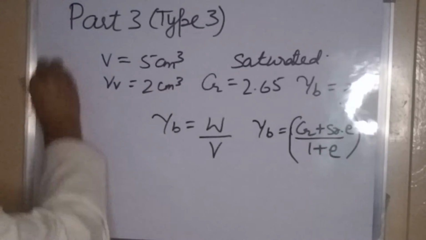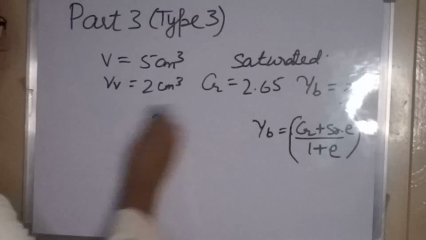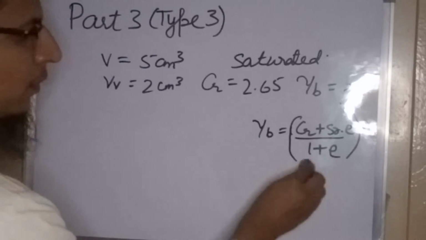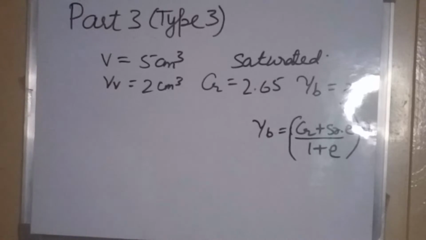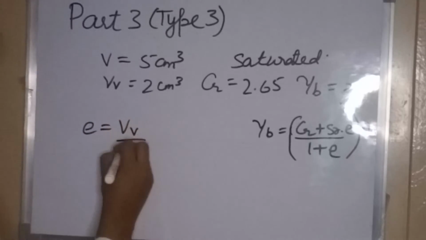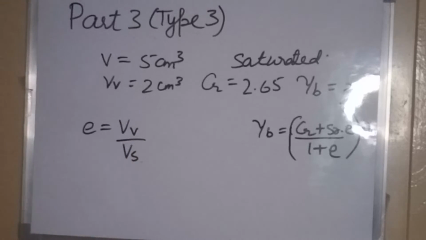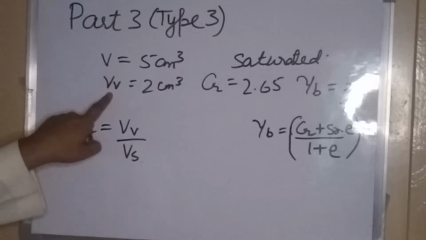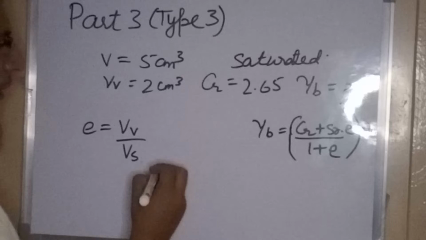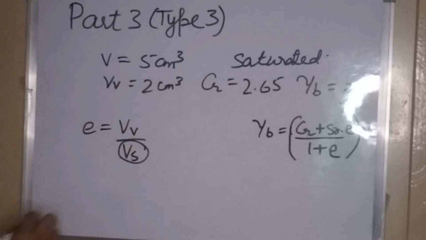So what we need to do is, first we will return to the basic soil formulas. This formula we can't use because we don't have weight, so we will have to use this formula. Finally, here one unknown is there, that is void ratio. The basic formula for void ratio is volume of void upon volume of solid. We have total volume and volume of void, but volume of solid is unknown in this formula.